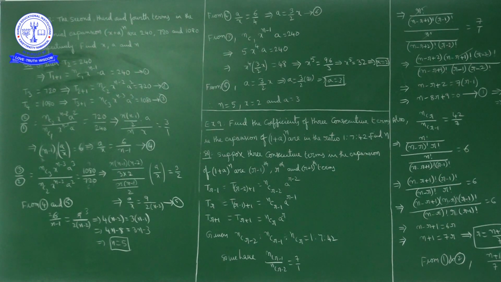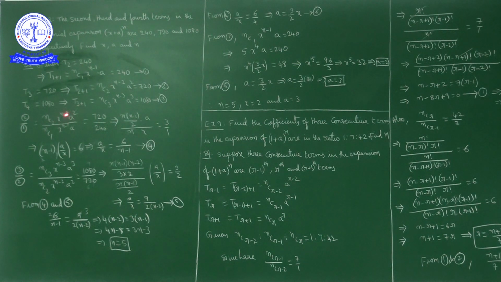Now what about the left hand side? We have nC2 into x to the power n minus 2 into a squared in the numerator, and nC1 x to the power n minus 1 into a in the denominator. nC2 is n into (n minus 1) by 2, and nC1 is n.